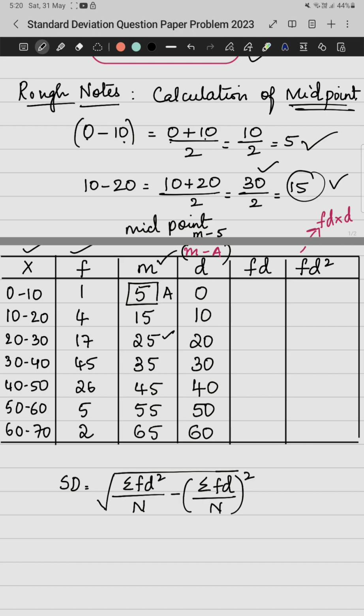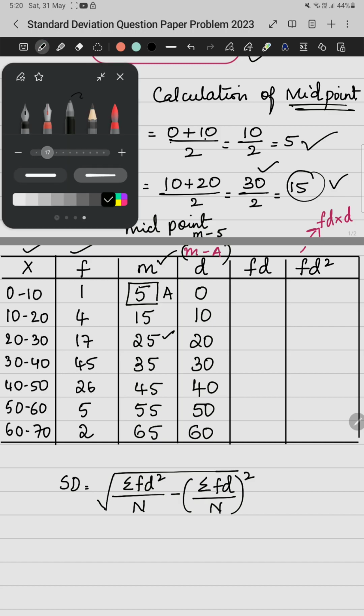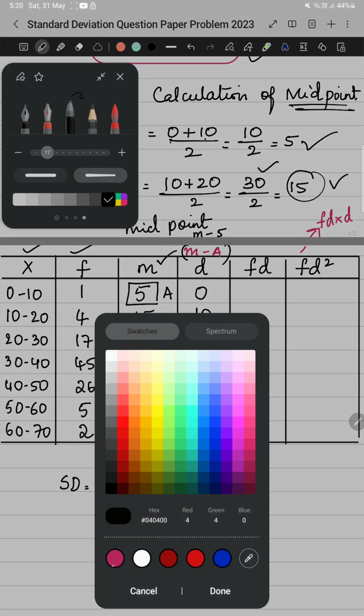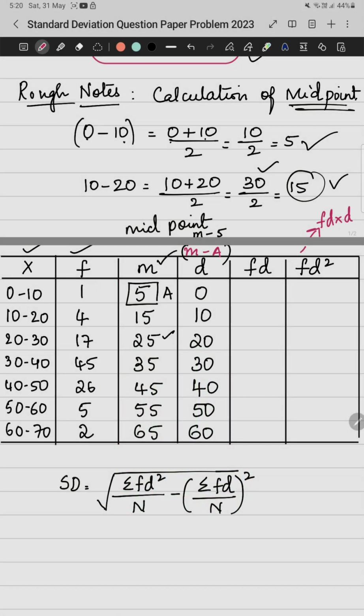Next I am doing FD. FD is very simple. F into D is FD. So 1 into 0, 0. 4 into 10, 40. 17 into 20 is 340. 45 into 30 is 1350.